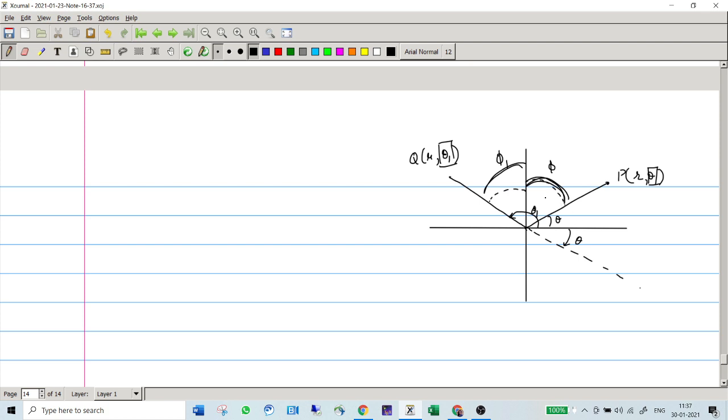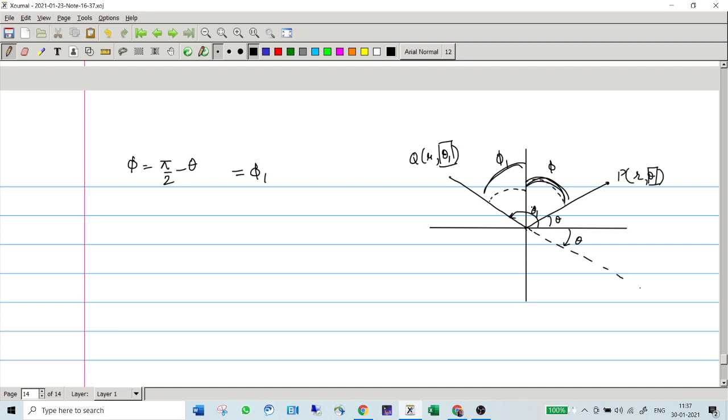So what is phi? Phi is nothing but pi by 2 minus theta. So phi would be pi by 2 minus theta. And you want this to be phi 1 as well, right? So you just want to relate phi 1 with theta 1 right now. So phi 1 would be what? See, phi 1 is this much.